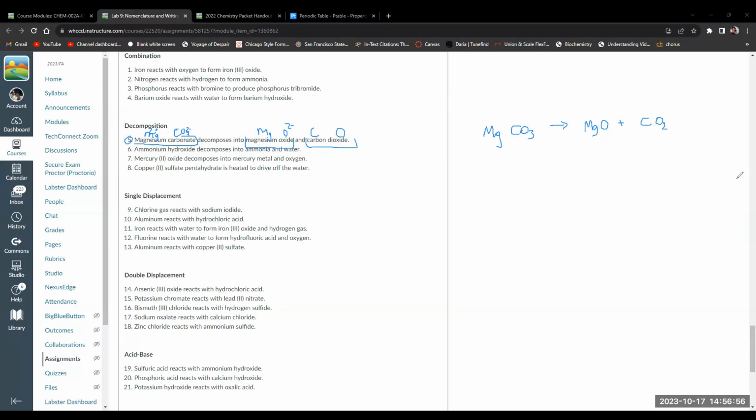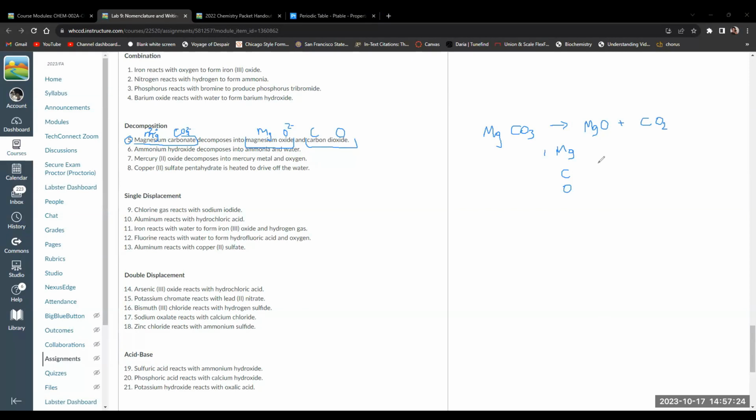Is this balanced? Well, let's take a look. So we have magnesium, carbon, and oxygen.